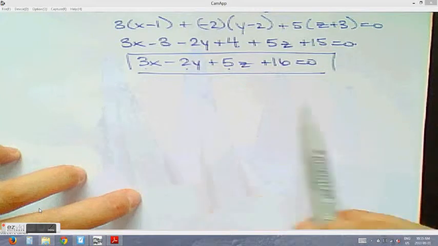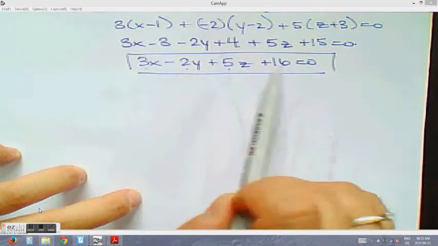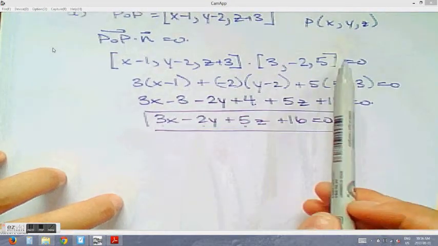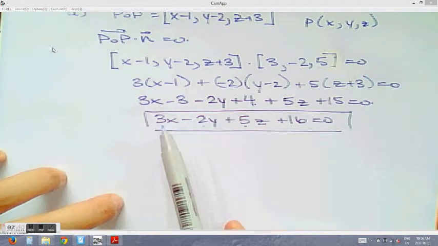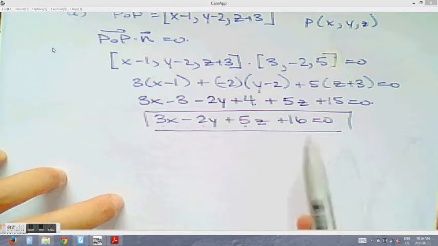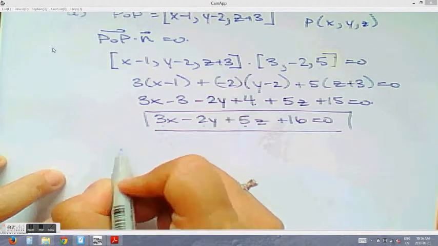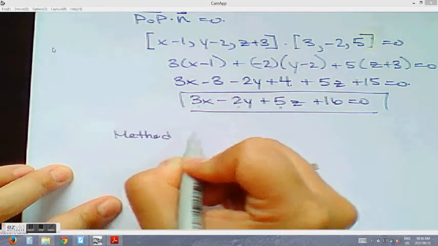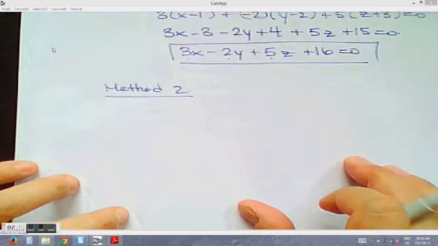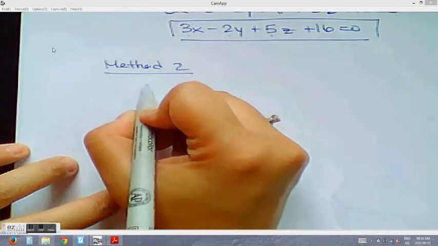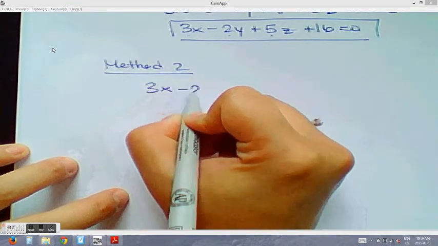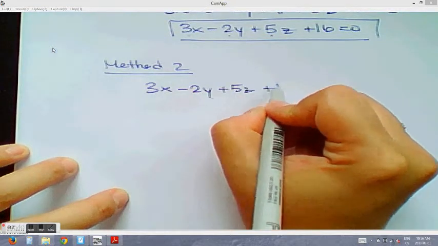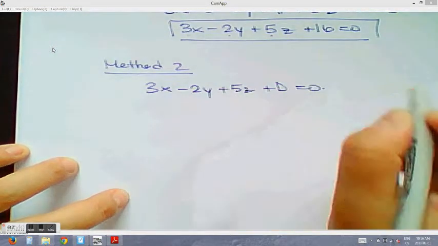To follow up on that, there is another method you can use to come up with the scalar equation. Since the coordinates of the normal are the coefficients of these variables, all you would need to find is d. So let's do method 2. We can simply say 3x minus 2y plus 5z plus d is equal to 0.